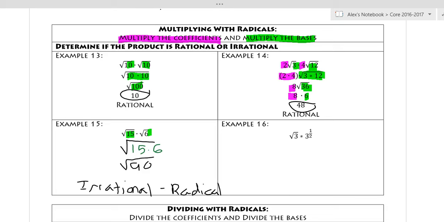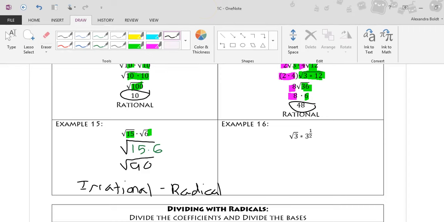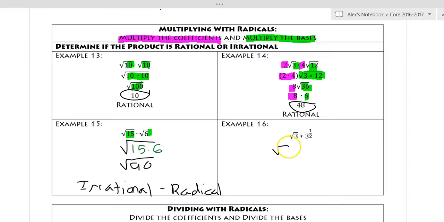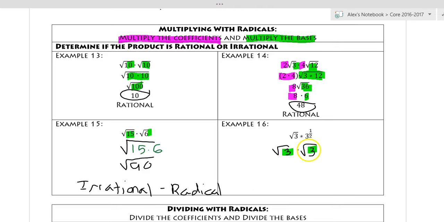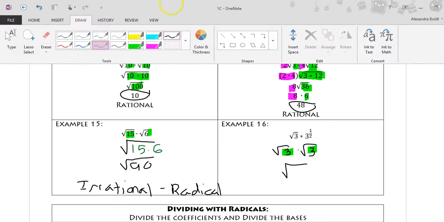Then, looking at example 16, now here I have a square root and a rational exponent. So the first thing I'm going to do is change that rational exponent. This is really the square root of 3 times the square root of 3, going back to what we did in 1b, switching between rational exponents and radicals. Now I can multiply these two. Those 3's are what I'm multiplying together underneath the radical.